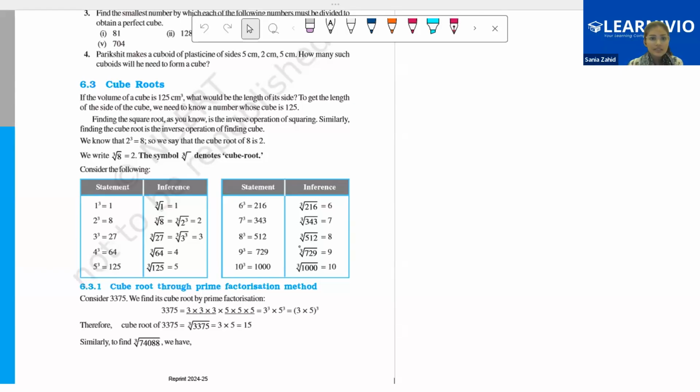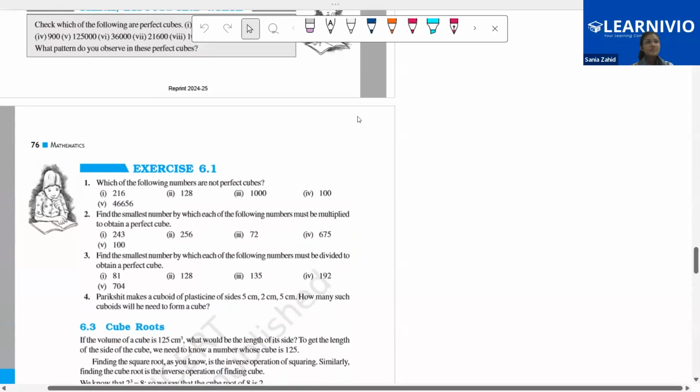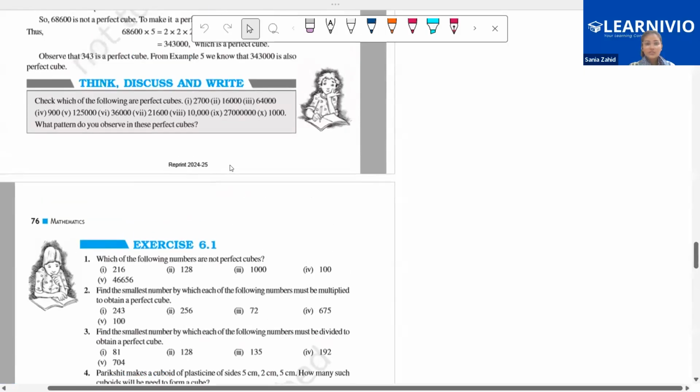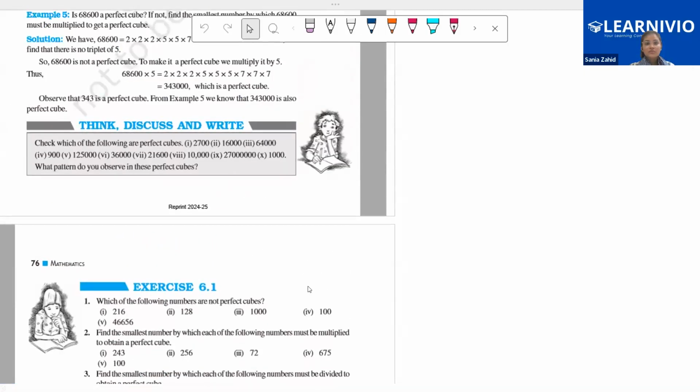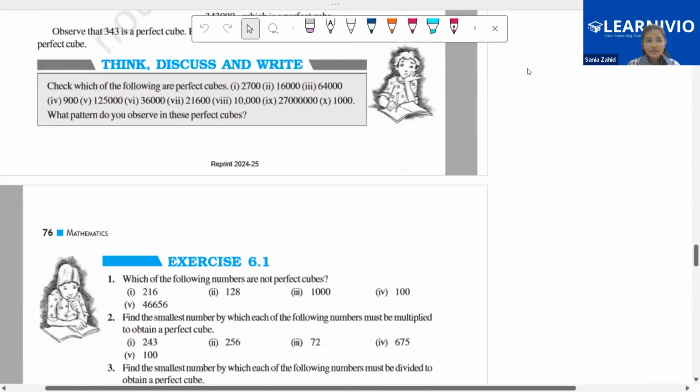Class, Haya, we were doing this lesson. Okay, so Harmeen, okay, Mustafa is also there. Mustafa, please put on your camera.